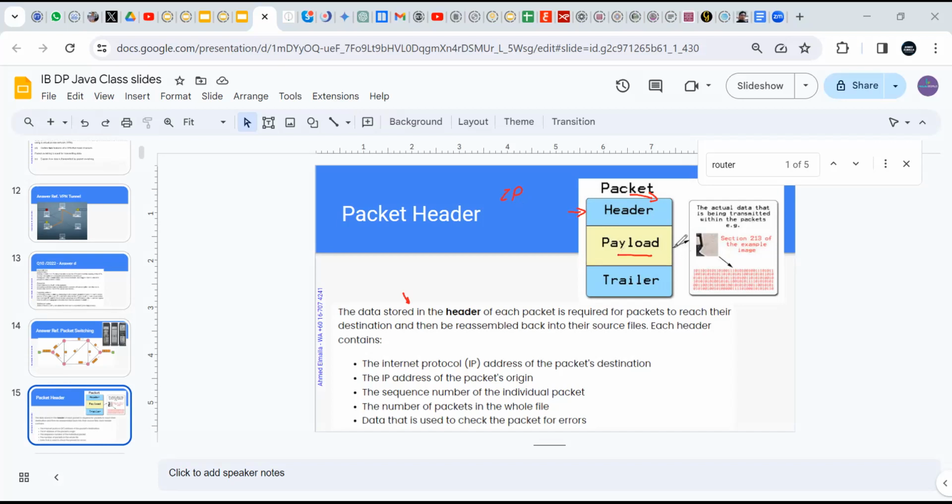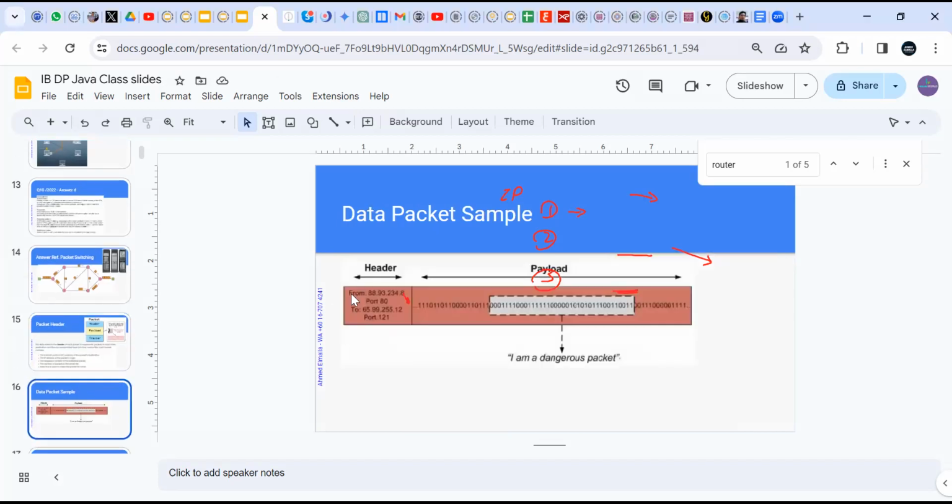And the payload is the actual data that you are planning to send. If it is a voice, then it will be a portion of the voice. If it is text, it will be part of the text that is decided to be inside this packet. And there is a trailer. So these 3 portions of every packet are fixed, okay? And who decides that? In our case it is the TCP/IP.